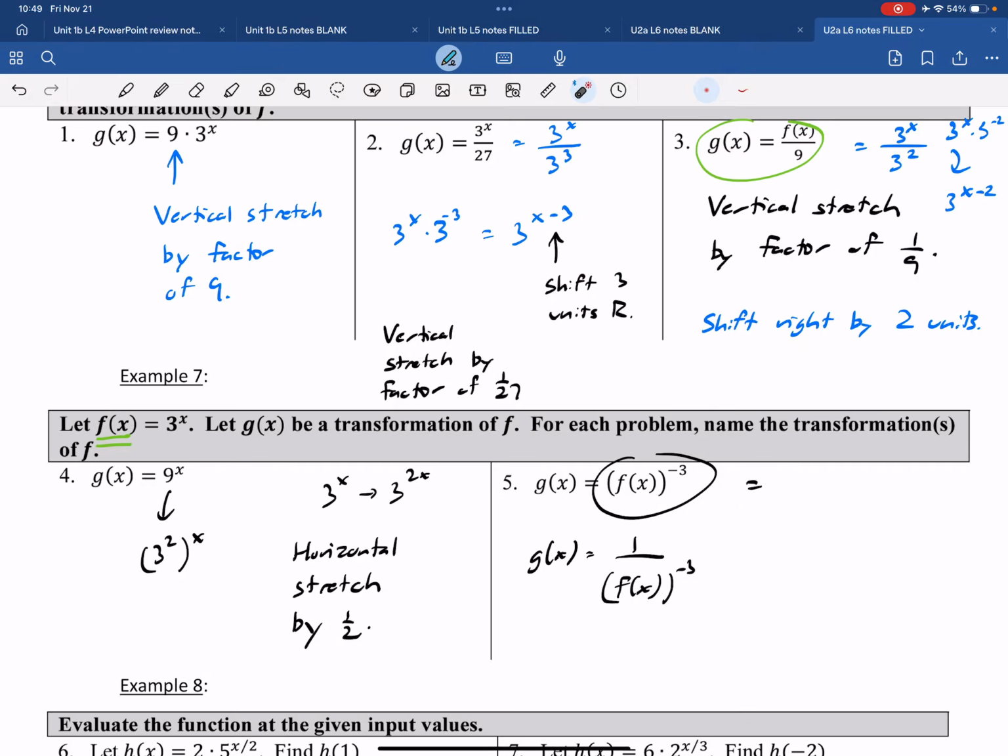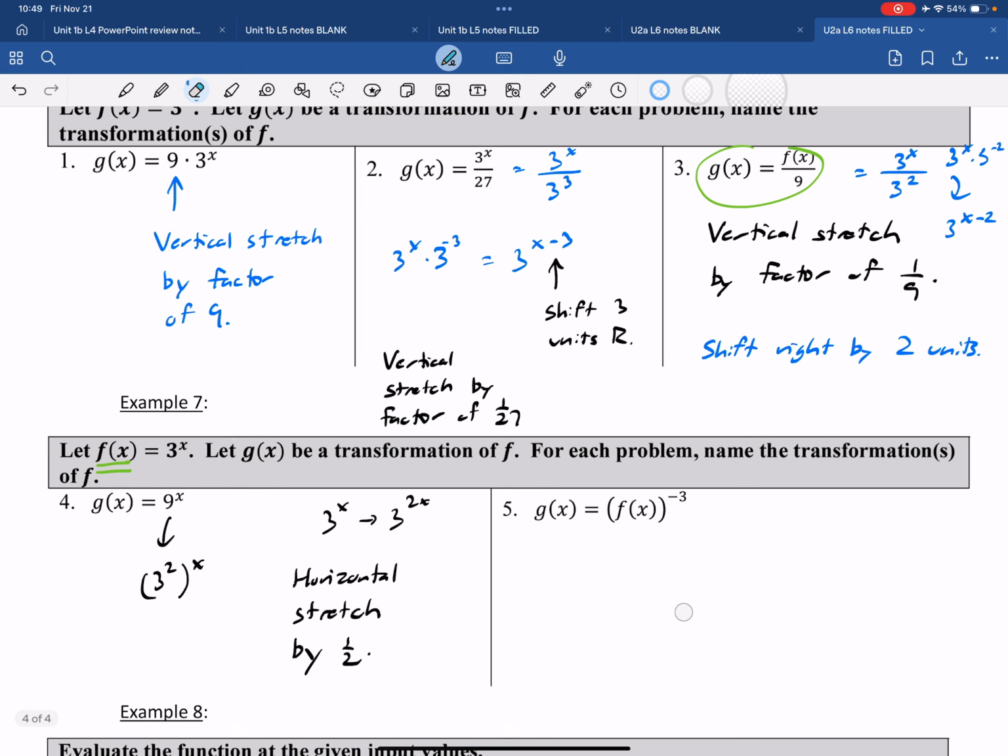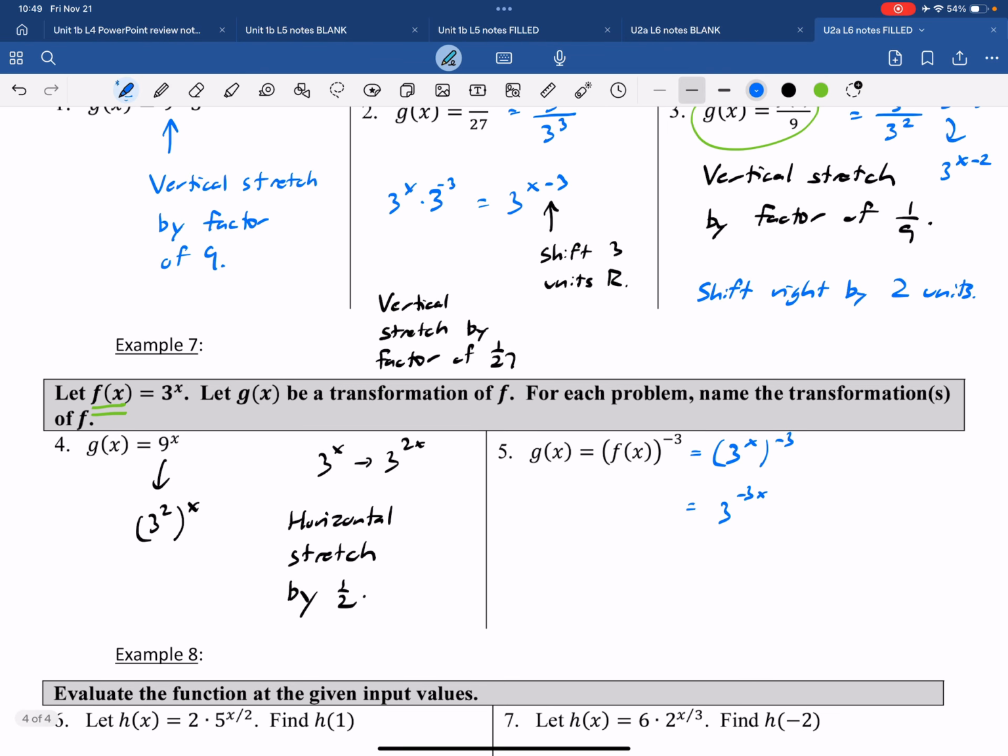Okay? So this last one, let me just change the notation, write it cleaner. That is going to be the same thing as 3 to the x raised to the negative 3, which is 3 to the negative 3x. So this is a reflection, or actually, let's just make it all in one.